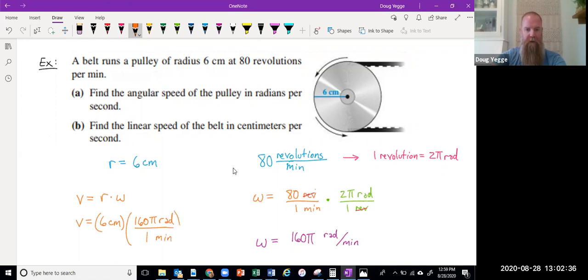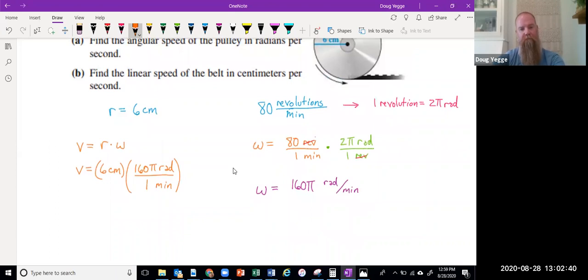Now, I wanted to write it out in this way so you can really see something interesting here. When I multiply 6 times 160, I can just multiply this out, which gives me 960. So my velocity is 960. But now look at our units.